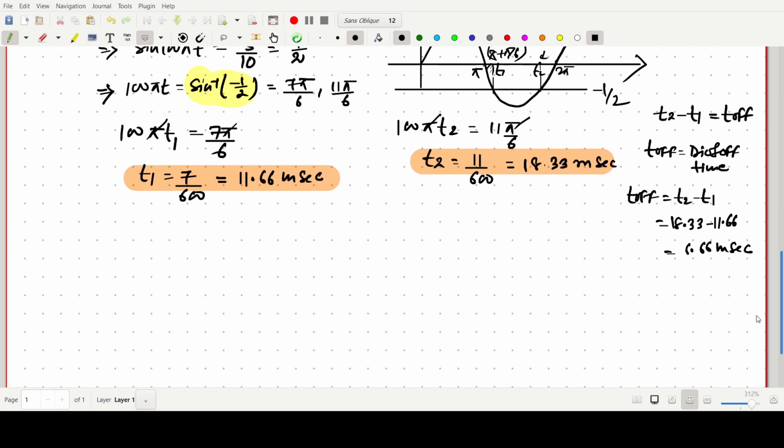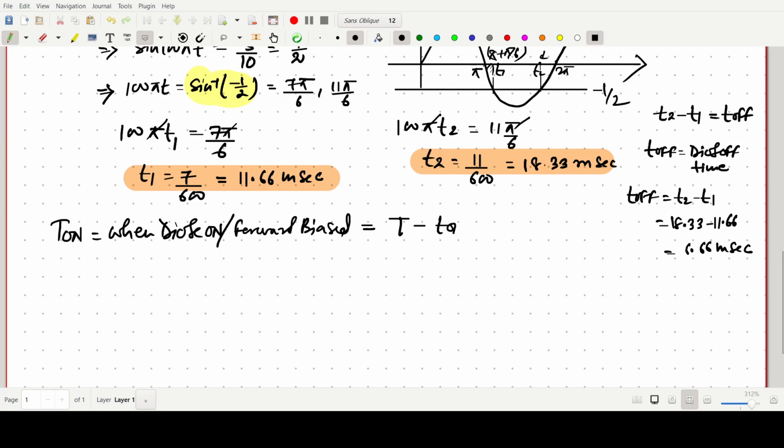So T on, when the diode is on, or forward biased, is nothing but simply the time period T minus T off.